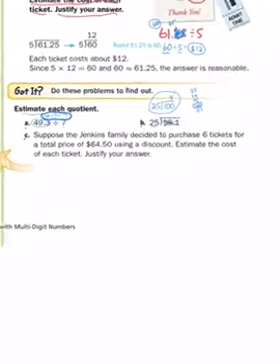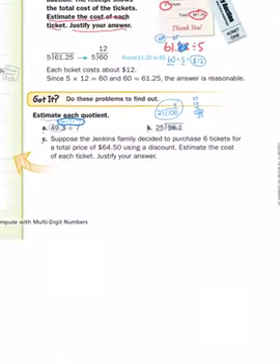Now, in example 3, it says, suppose the Jenkins family decided to purchase 6 tickets for a total price of $64.50 using a discount. Estimate the cost of each ticket. So remember, it says estimate. Justify your answer. If I were finding the exact answer, I would do $64.50 divided by 6.